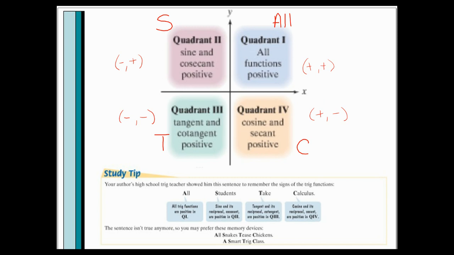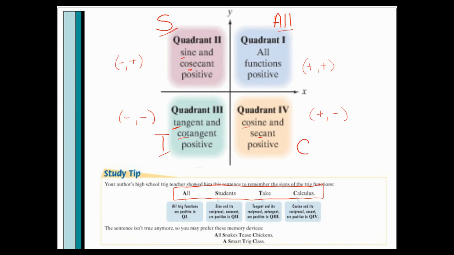An easy way to remember which ones are positive is an acronym that I was taught, which is All Students Take Calculus. And we go in the order of how we count quadrants. So all of them are positive. Only the sine and cosecant are positive. The tangent and the cotangent are positive. And then C for cosine and secant. Those are your reciprocal identities.